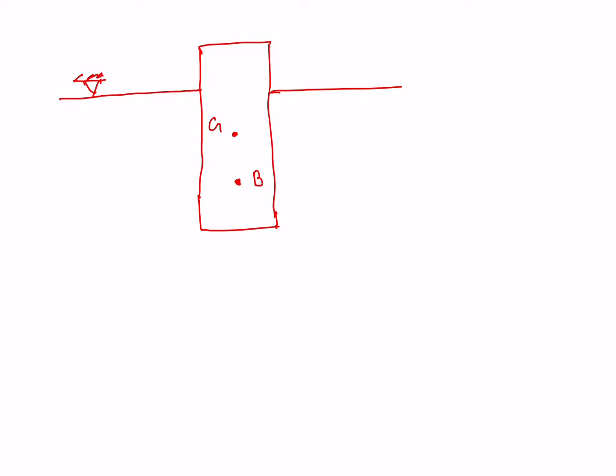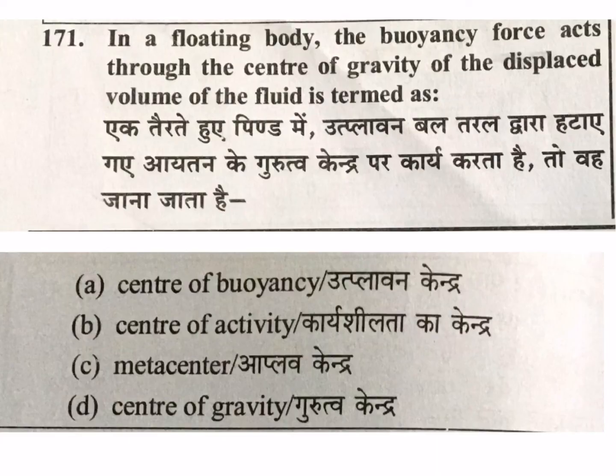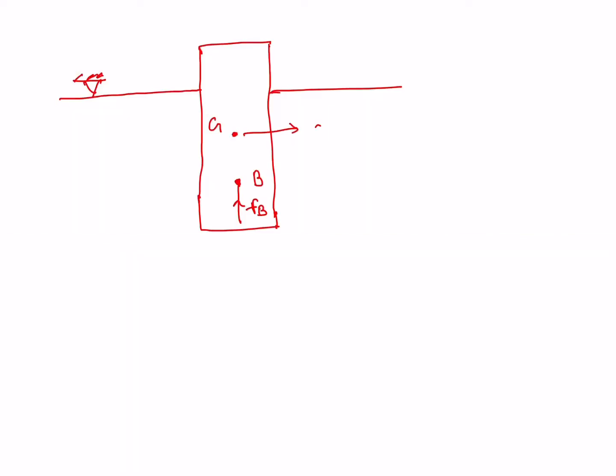B point is the force of buoyancy point. The force of buoyancy acts upwards through the center of gravity of the fluid displaced. So the answer is center of buoyancy. A is your correct answer. Metacenter already discussed. Center of gravity is the center of gravity of the body, the G point.